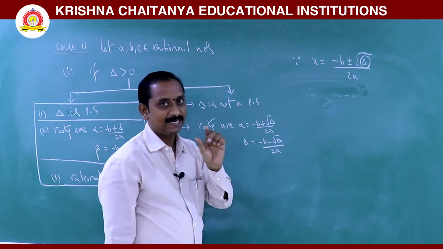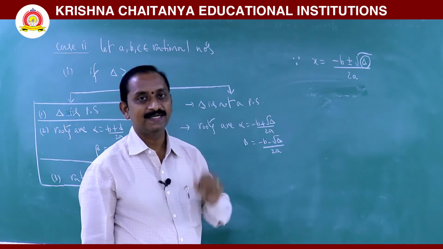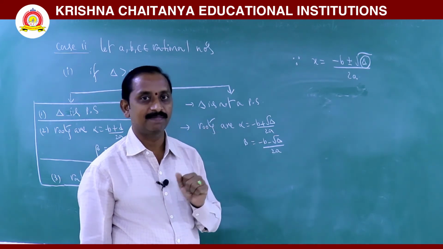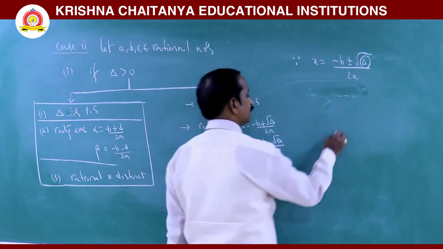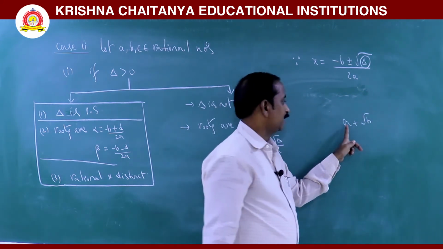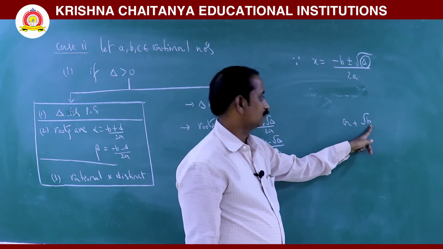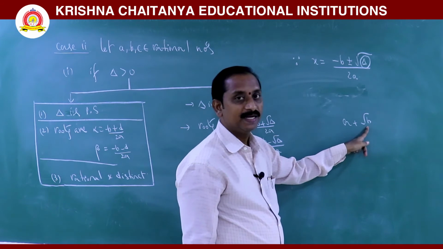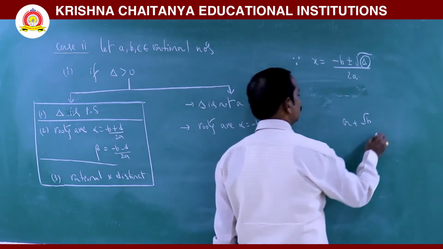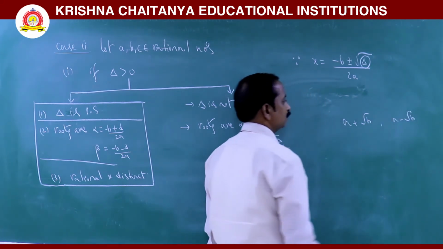So what is meant by conjugate? Two numbers are said to be conjugate if their sum and product become a real number. For example, consider a plus root b, where a is real and b is real and mandatorily positive, so it is irrational. For the number a plus root b, what is the conjugate? The conjugate of that number is a minus root b.